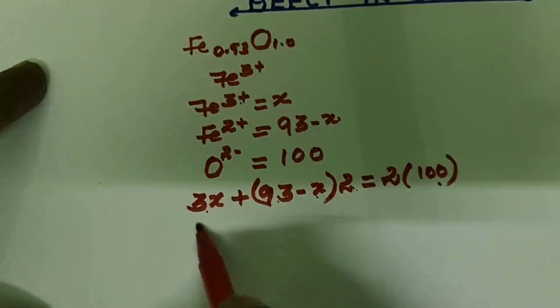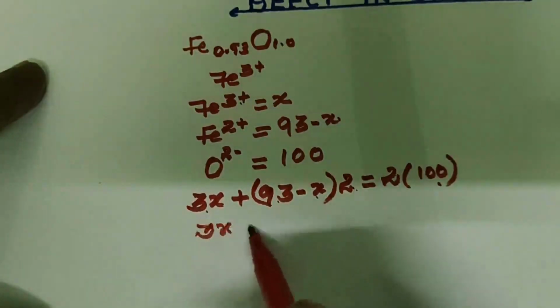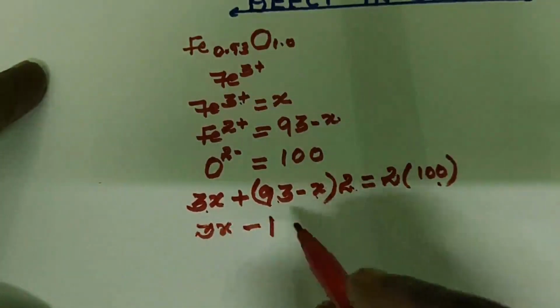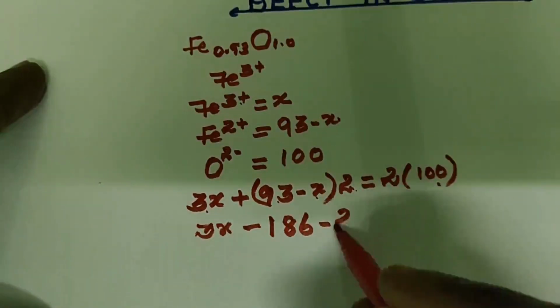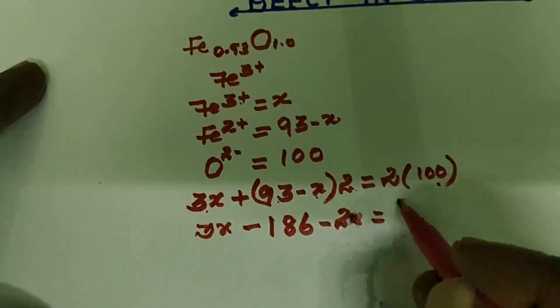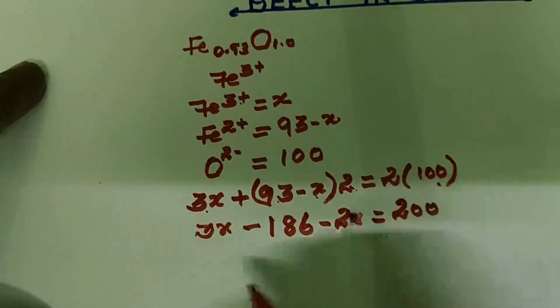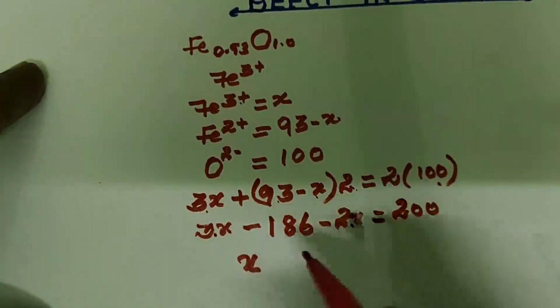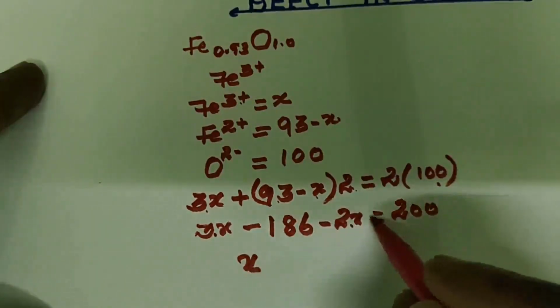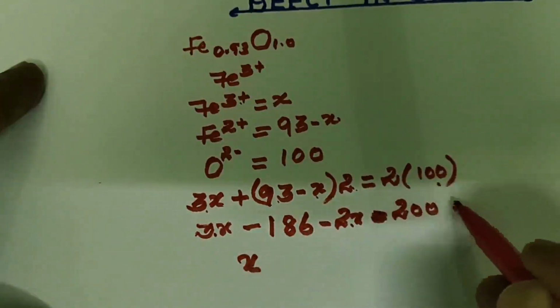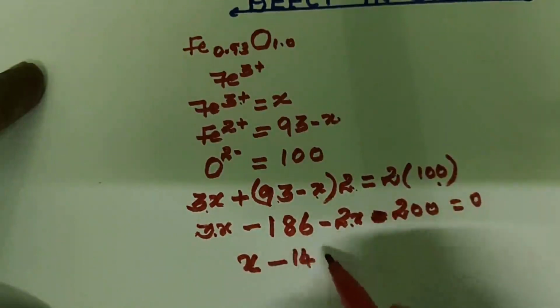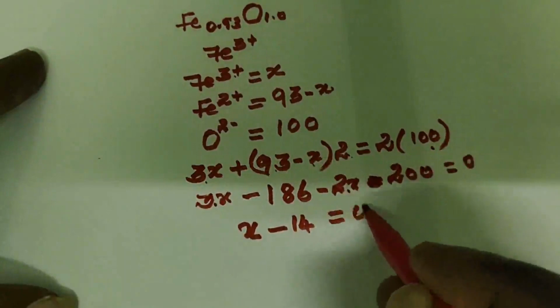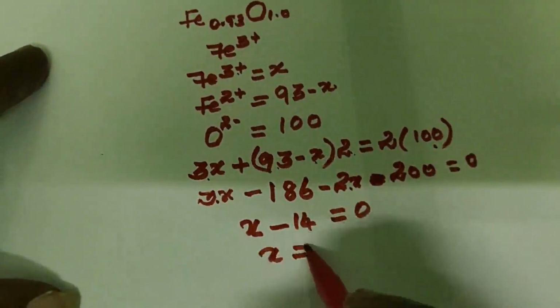So 3X plus 186 minus 2X equals 200, that is X minus 14 equals 0. So X is equal to 14.